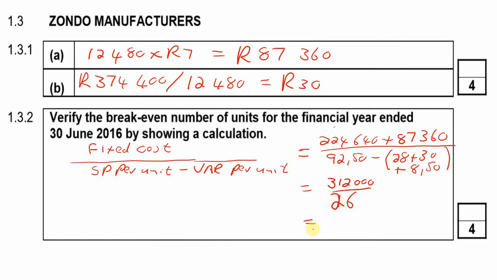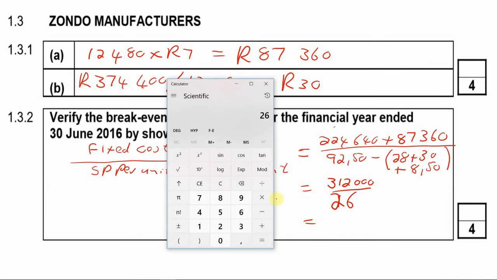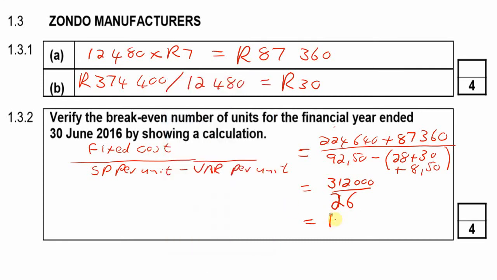So let's see. We have 312,000 divided by 26, which will result in that magic number of 12,000. So we verified that the break-even point is in fact 12,000 units.